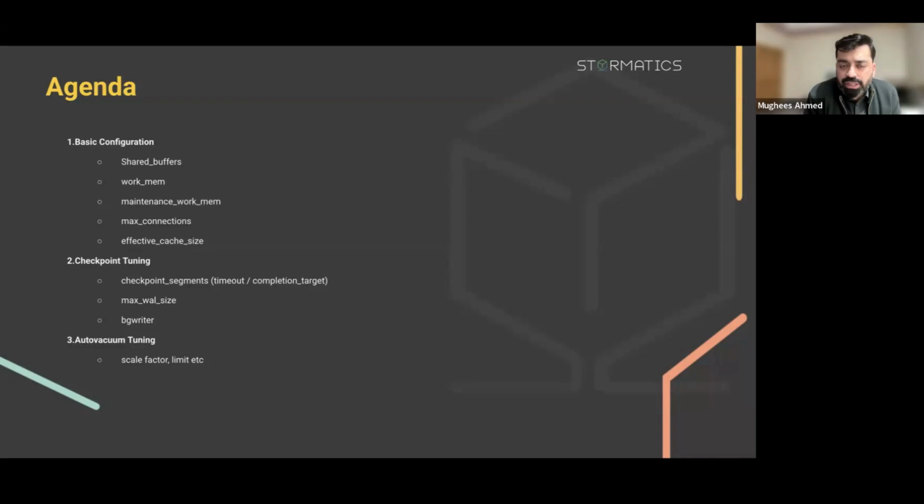If you have all these segments covered in your Postgres, I believe 80 or 90 percent of your Postgres will be tuned properly. These are the first things, and after that it depends on how your workload is going, and based on that workload you can tune your parameters accordingly.